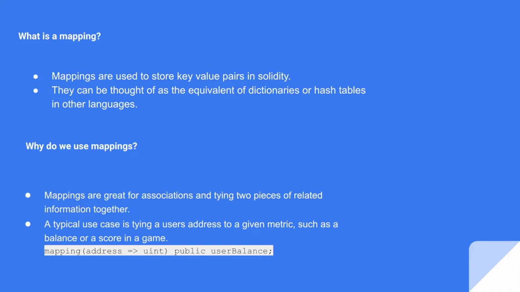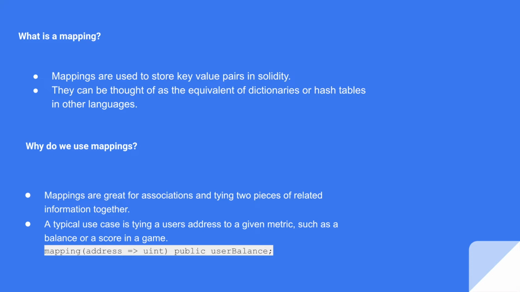So why do we use mappings? Mappings are great for associations and tying two pieces of related information together. For example, a good use case of a mapping would be if we had a given number of users, and we also need to associate a balance with each of these users. We could create a mapping for these user balances, with each individual user's address associated with a uint which would represent a user's balance.